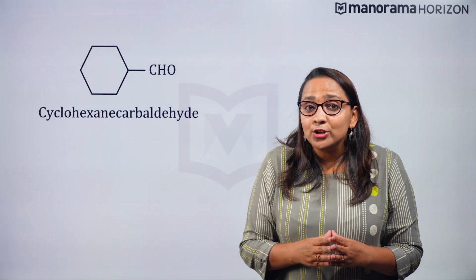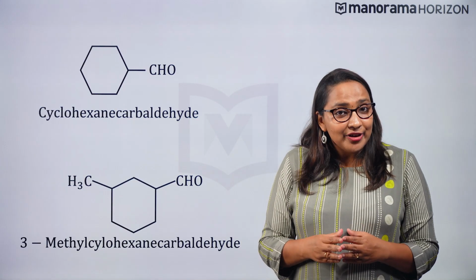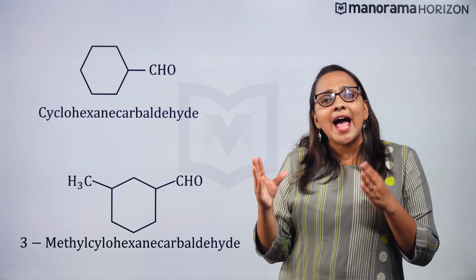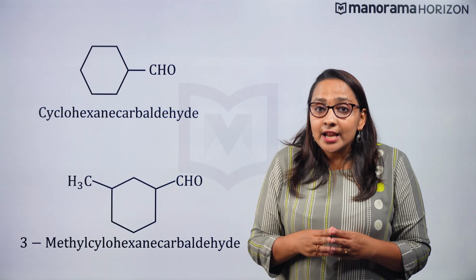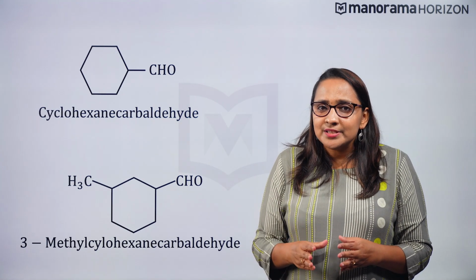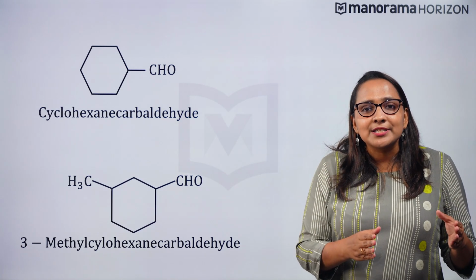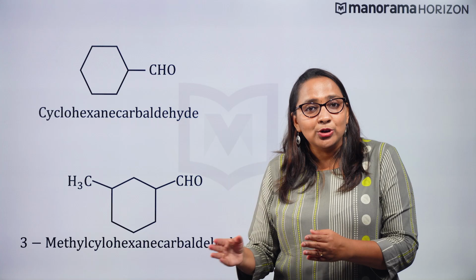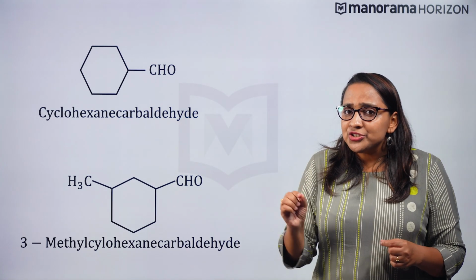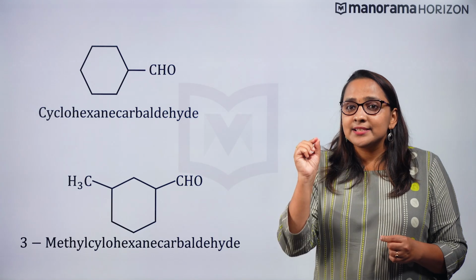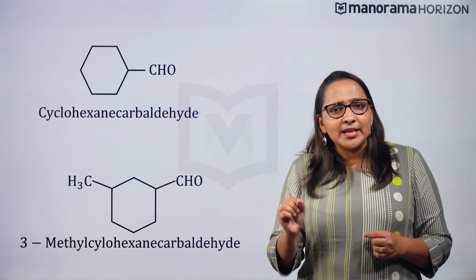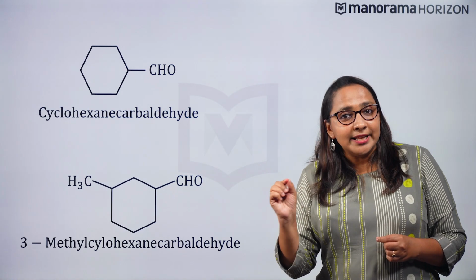When the aldehyde group is attached to a ring, the suffix carbaldehyde is added after the full name of the cycloalkane. The numbering of the ring carbon atoms starts from the carbon atom attached to the aldehyde group. Thus, the first structure is cyclohexanecarbaldehyde and the second structure is 3-methylcyclohexanecarbaldehyde.